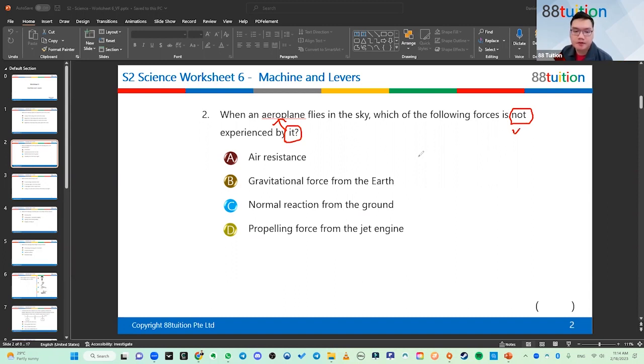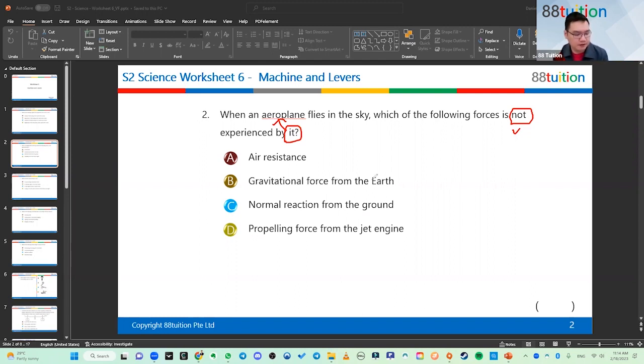So A, we have air resistance, correct? B, gravitational force from the Earth.